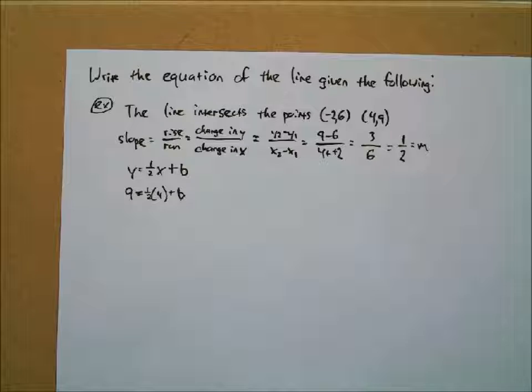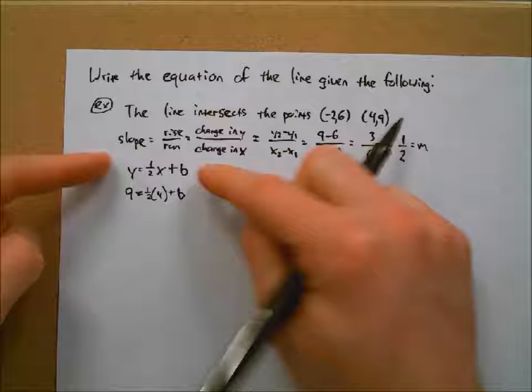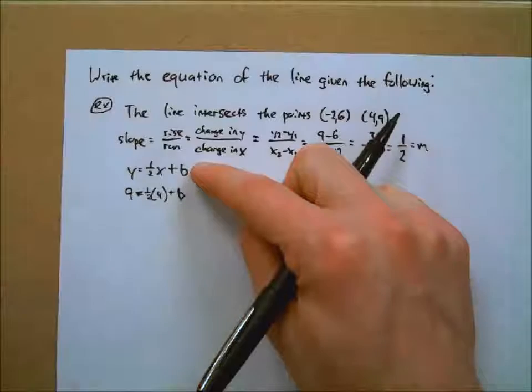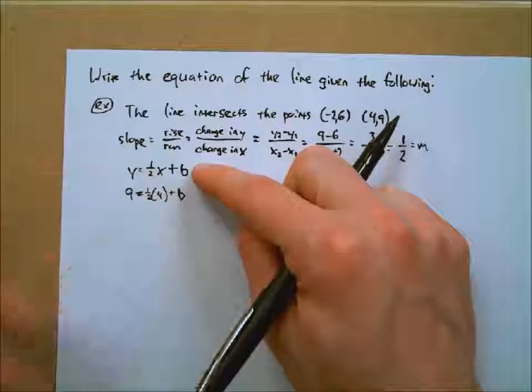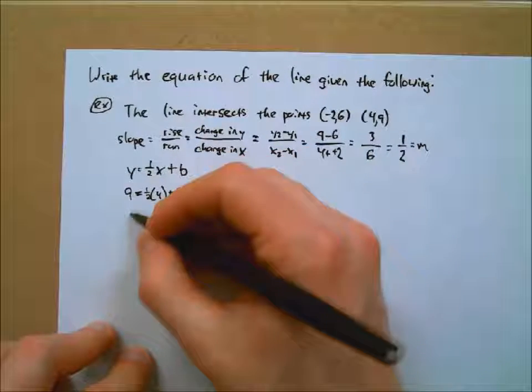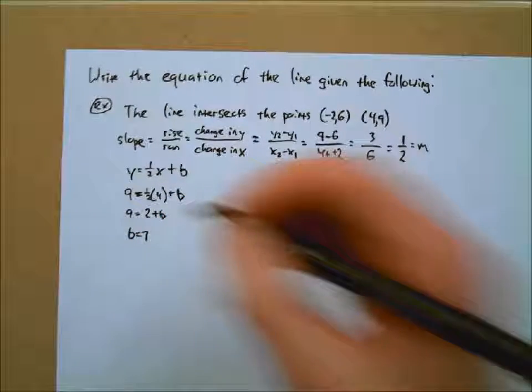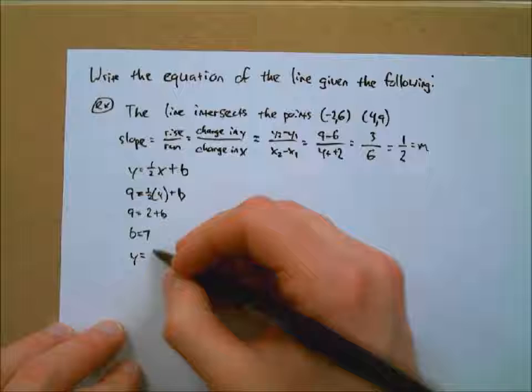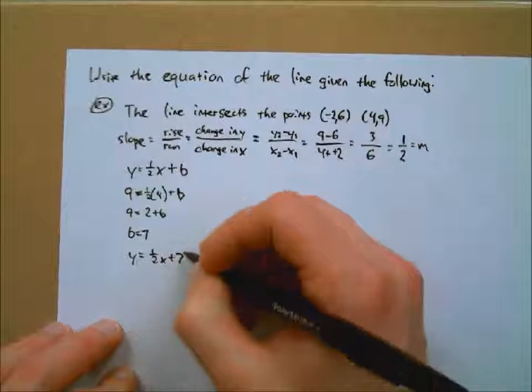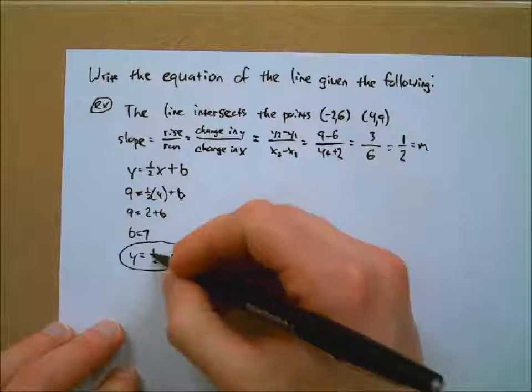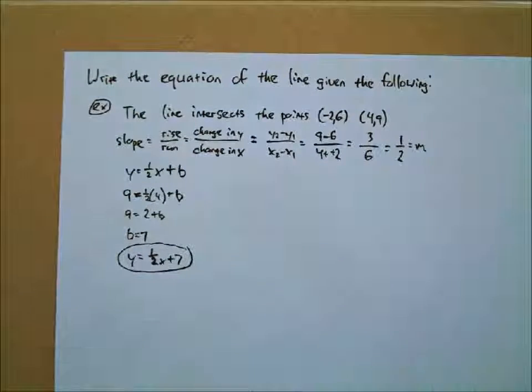So we can assume that 4 can go in for x, and simultaneously 9 must go in for y, and that means now we have an equation we can solve for b, right? Before, we couldn't really solve this equation for b, or at least get a value for b, because we had 2 other unknowns. But now without those unknowns, we can solve here. So 9 equals 2 plus b, and so b equals 7. And so our answer, our equation, is y = 1/2 x + 7. Okay, easy peasy.